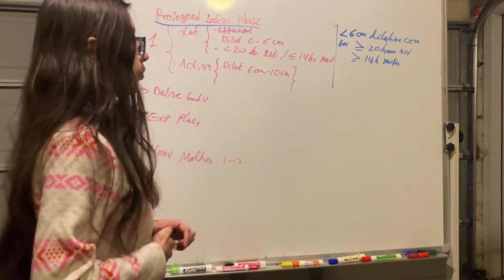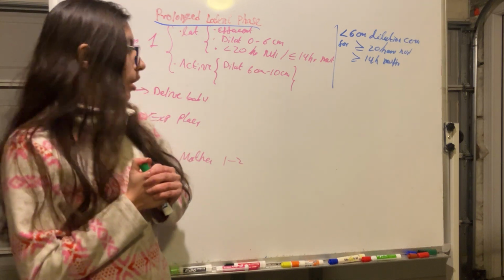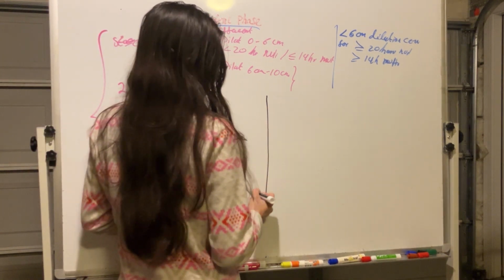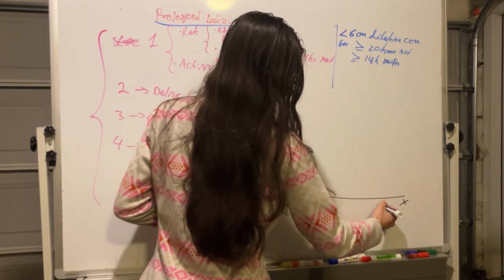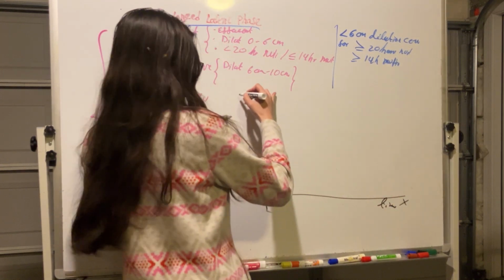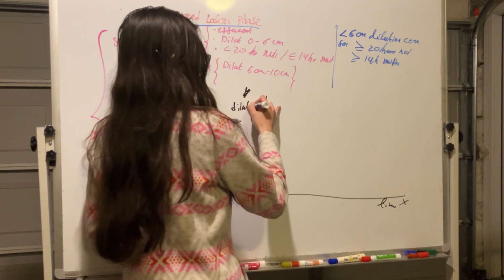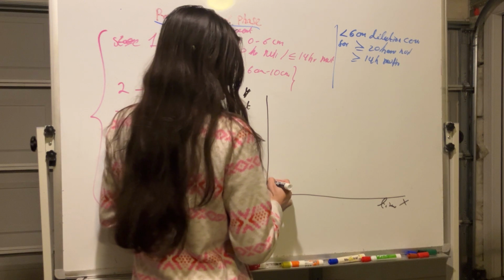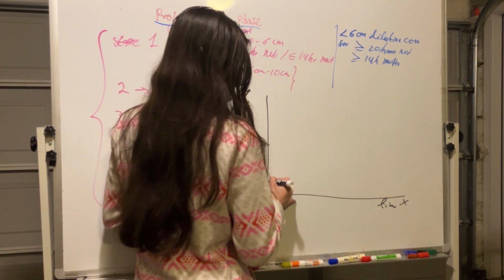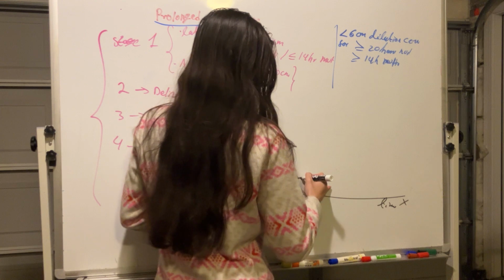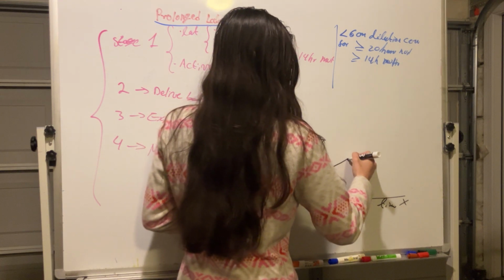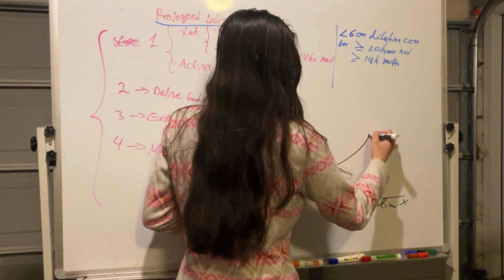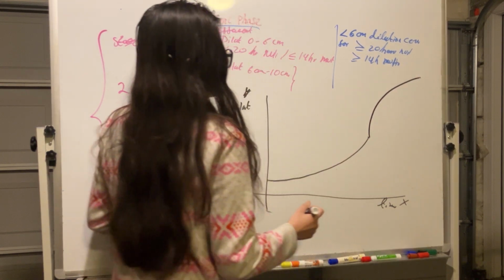And if we are going to graph this with the Sank curve, here we have the x-axis, which is time, and here we have the y-axis, which is the dilation of the cervix. Let's say this is the normal Sank curve for stage 1, so we have dilation of the cervix all the way to 6 centimeters, and then we have an increase in the rate of dilation of the cervix.